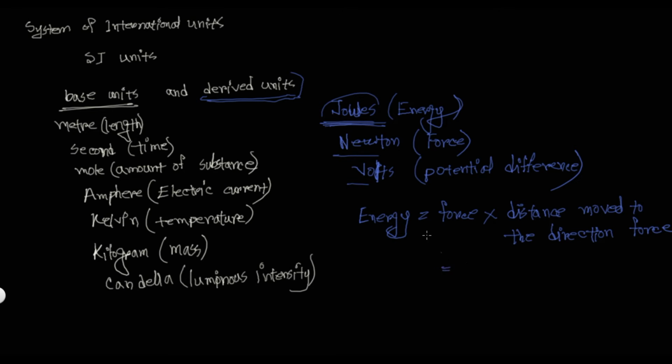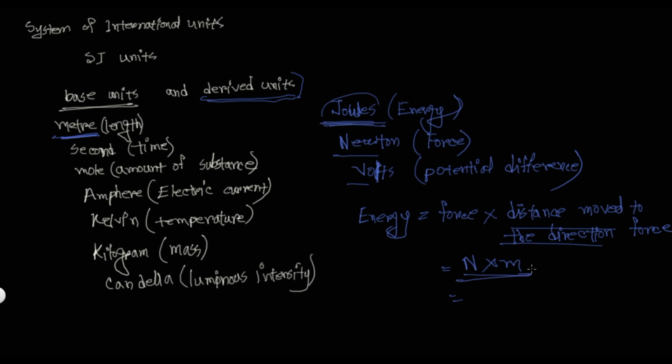Force is measured in Newton, and the distance moved in the direction of force is the length. So the length is measured in meter, with lowercase m as the symbol. So this is Newton meter.